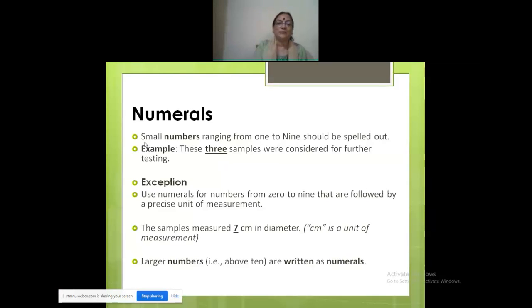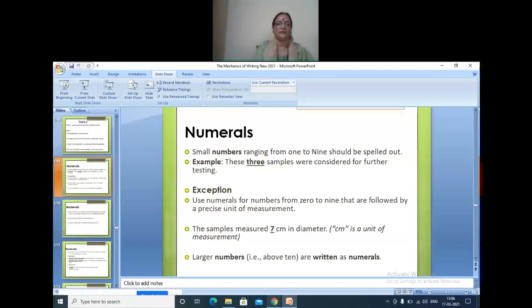Small numbers ranging from 1 to 9 should be spelled out. So some numbers should be spelled out, some should not. Now, I just want to share something which is again very common.